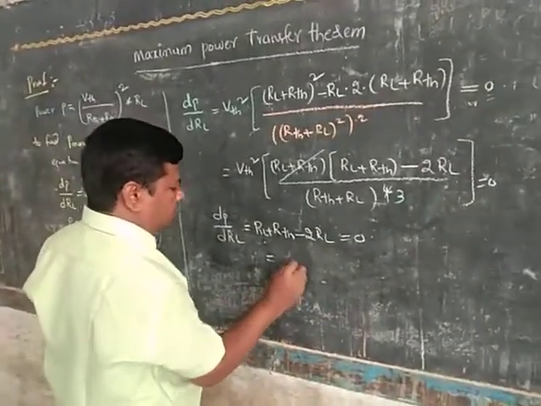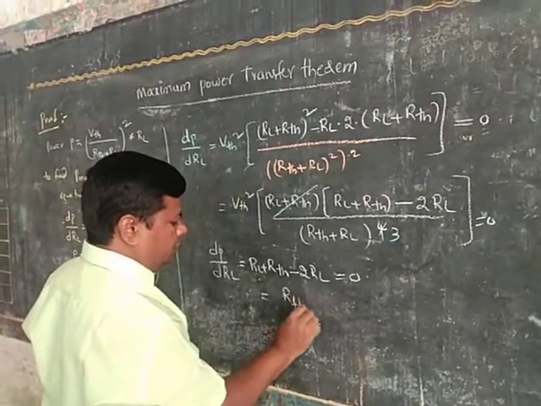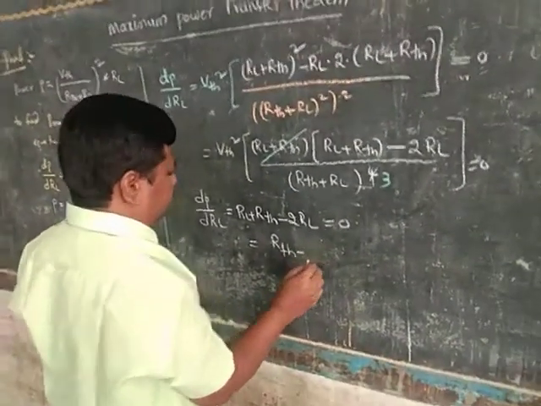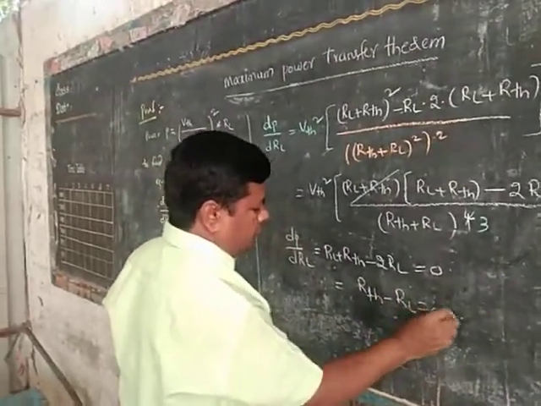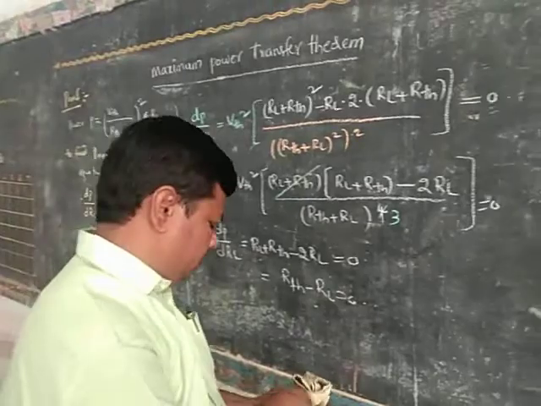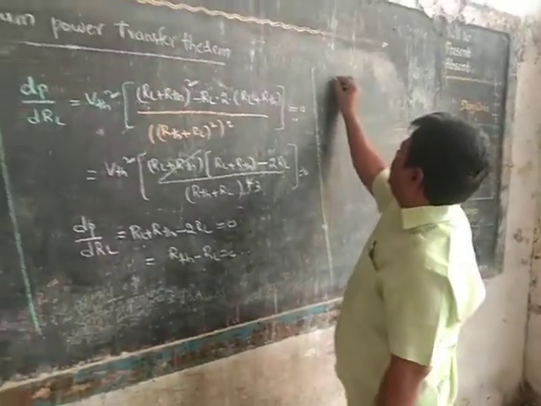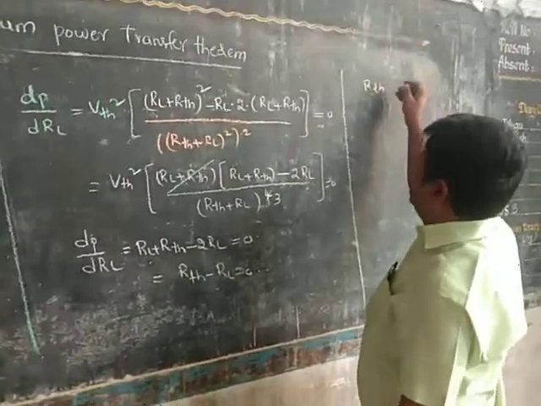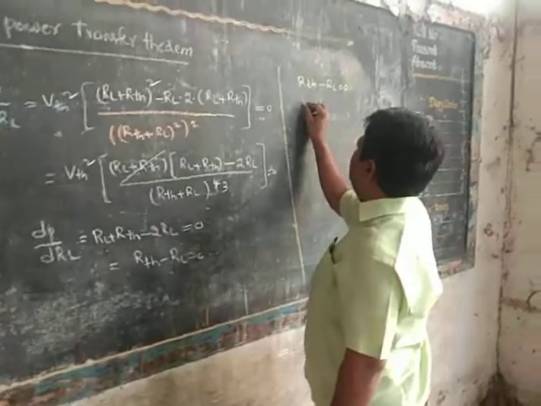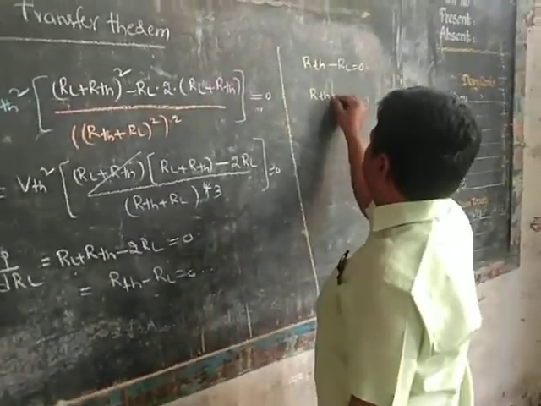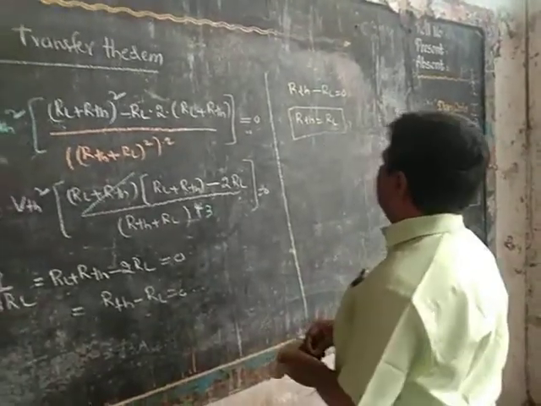That is equal to R Thevenin minus RL equals 0. Then R Thevenin equals RL.